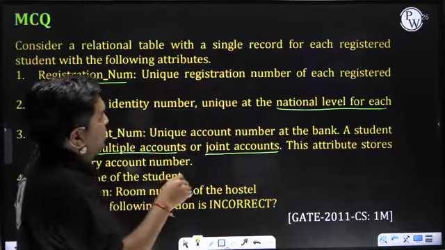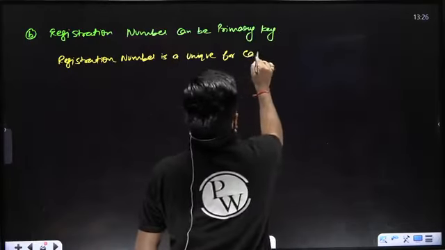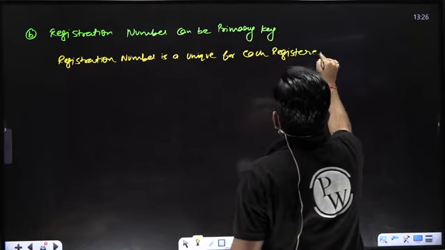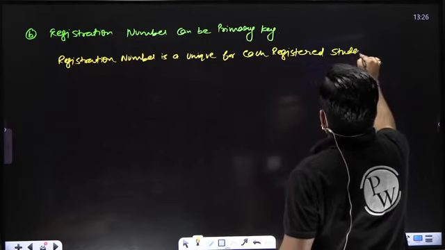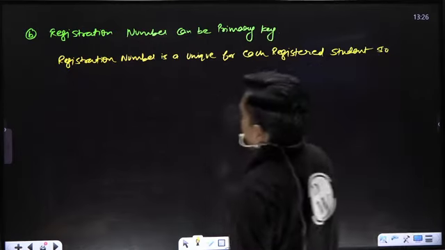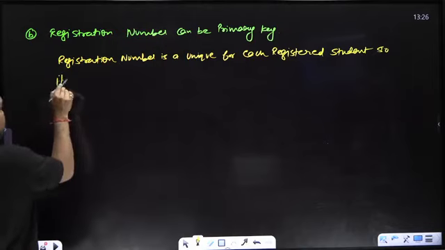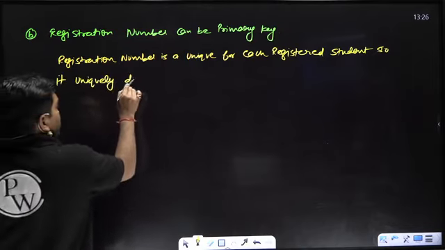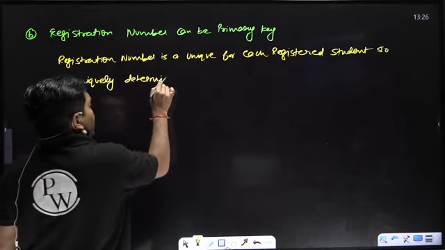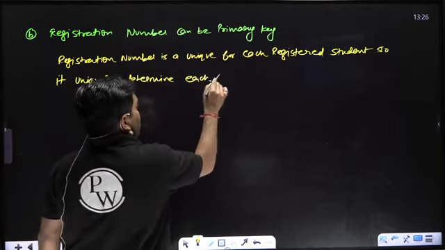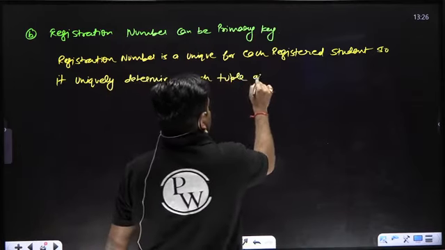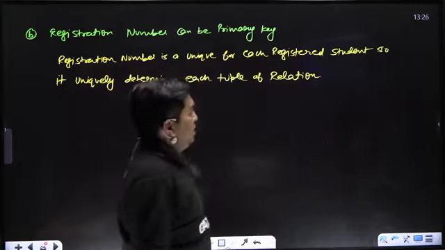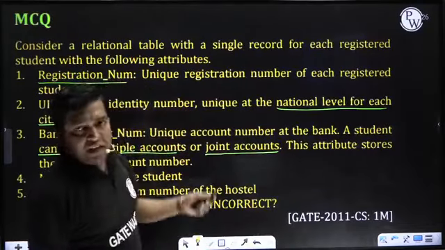So registration number is unique for each registered student. So it uniquely determines each tuple of the relation.